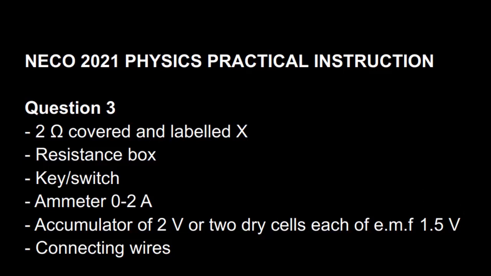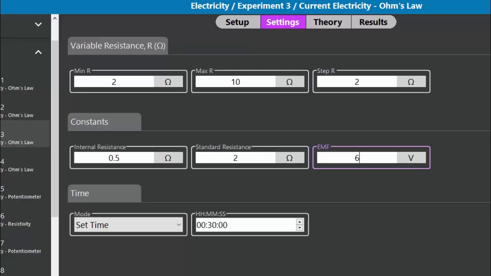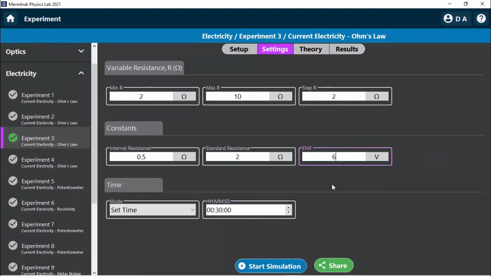Okay, so let's set that here. We're going to make our e.m.f. 3 volts. Then we're also told that we'll be provided with a 2 ohms resistor, although it will be concealed, but the value that will be given to you is 2 ohms.